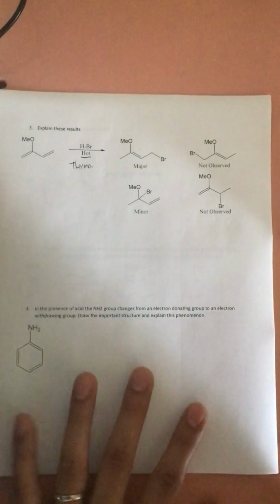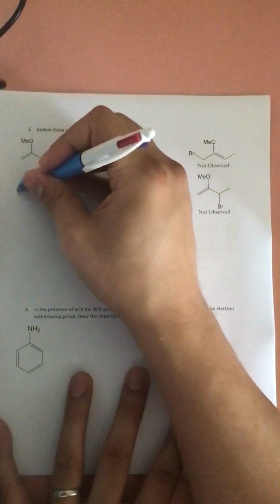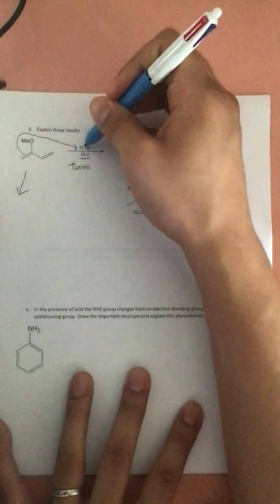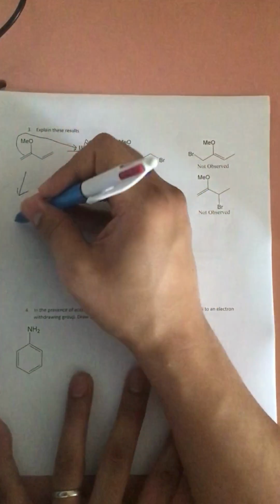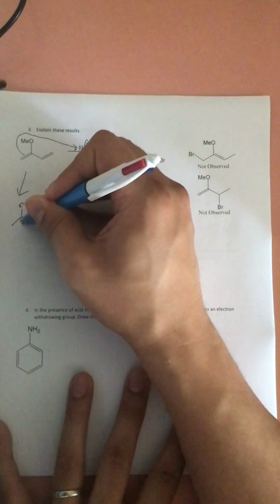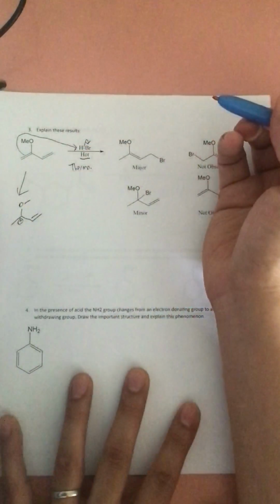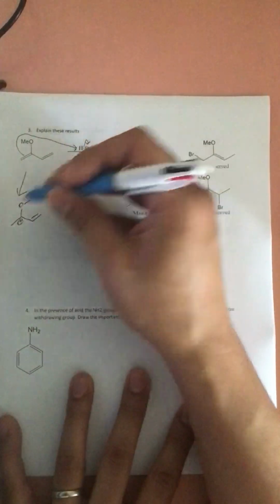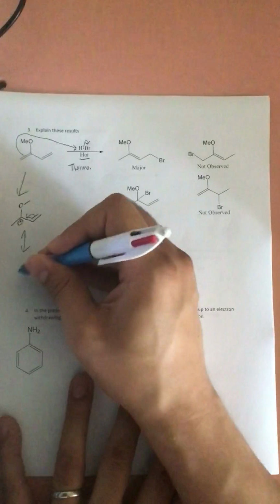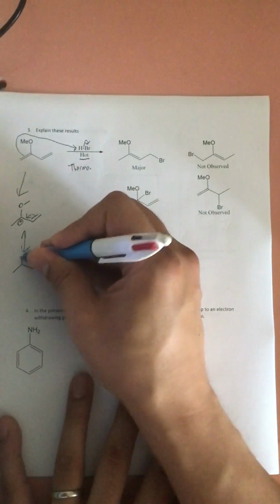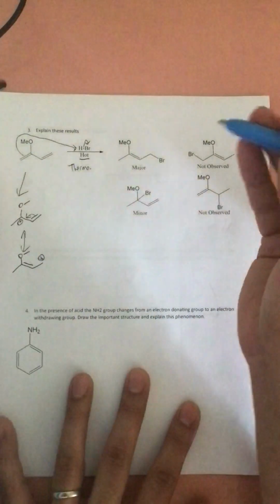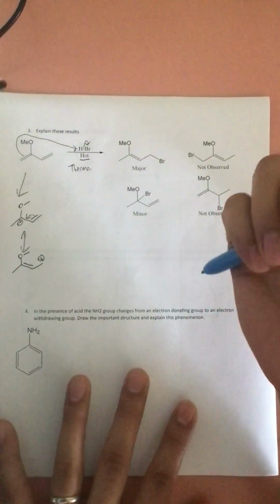So let's just look at this. I'll do these in different colors. If I do the black, I should get this carbocation, which would have a resonance structure. Like this, right?